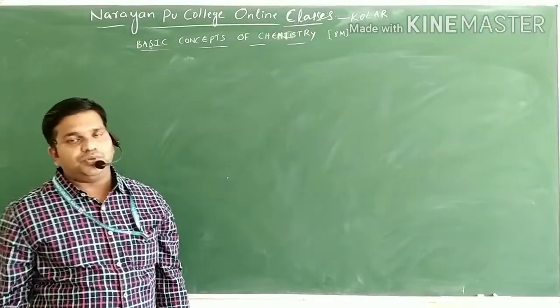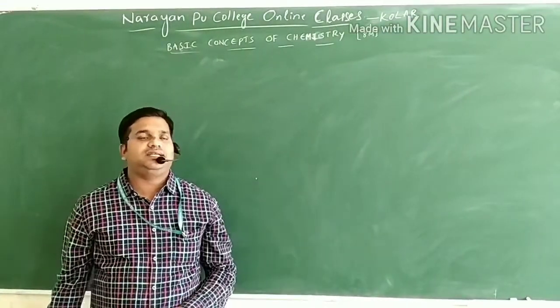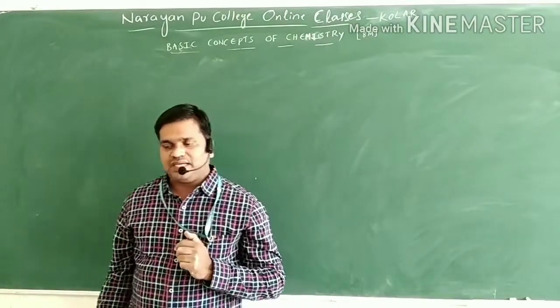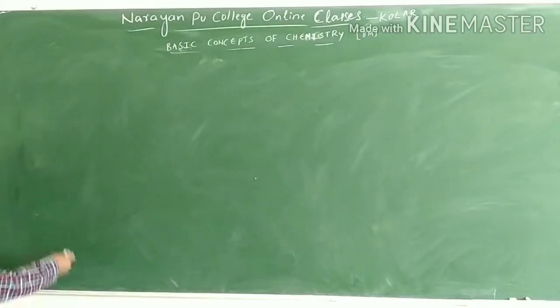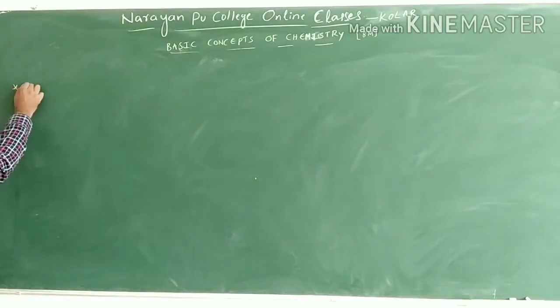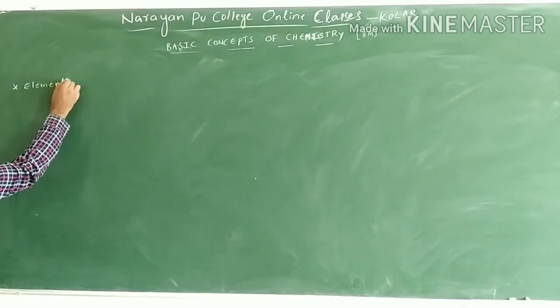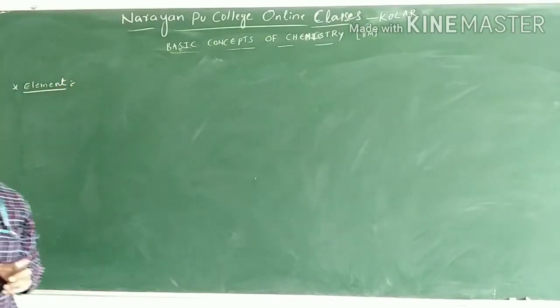Now here the pure substances are again classified into two categories, and one is elements and another one is compounds. Okay, what is an element? How can we define this element?